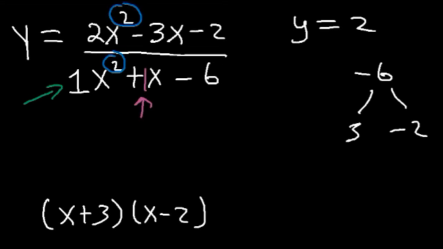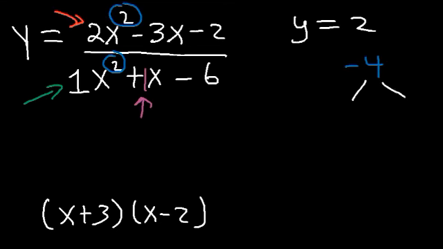Now what about the top part? 2x squared minus 3x minus 2. How can we factor that particular trinomial? So it's going to be a little different. It's going to take more work because the leading coefficient is not 1. It's a 2. So here's what you need to do. Multiply the leading coefficient and the constant term. 2 times negative 2 is negative 4.